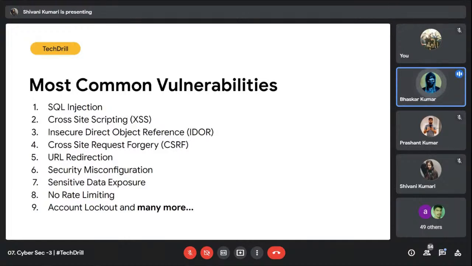And then, this is my most favorite vulnerability. It is IDOR, or insecure direct object reference. What this vulnerability does is, whenever I see a URL, right, and it has some numbers or some value in it, and if I change that value and something changes in the web browser, then there is a huge possibility of an IDOR attack.